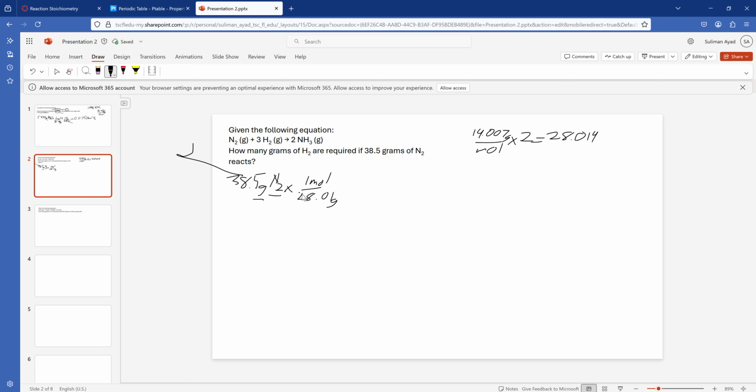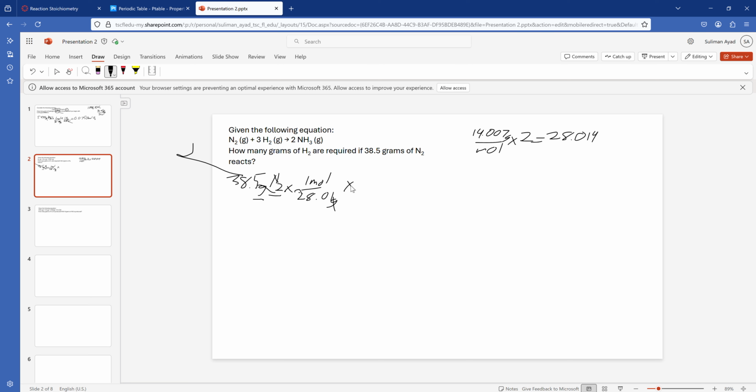The reason I want it like this is because I need my grams to cancel. You always want to be canceling one unit every step of the way. I don't recommend solving here. I don't recommend doing the math until you have the whole thing set up. This is a good way to check your work as you go through. Just make sure you're canceling one of the units every time.